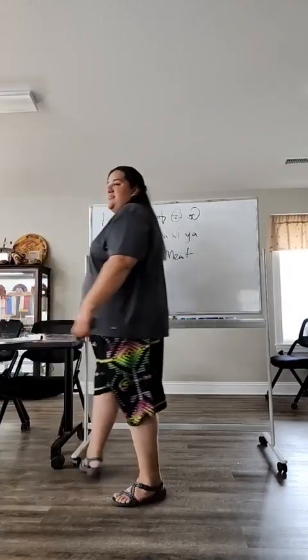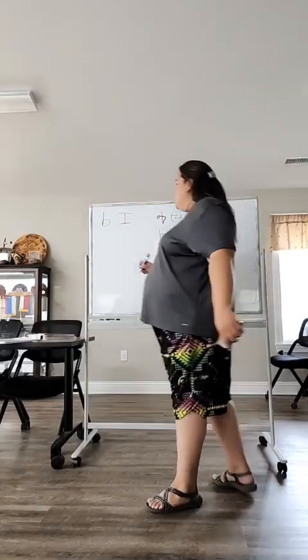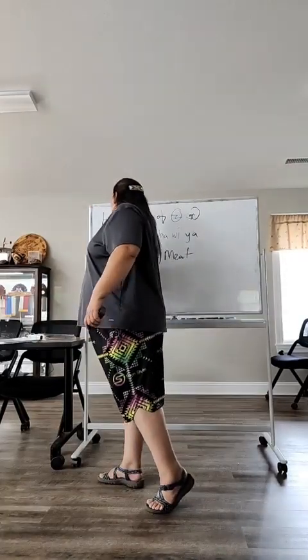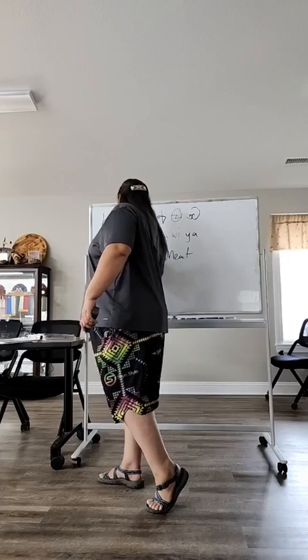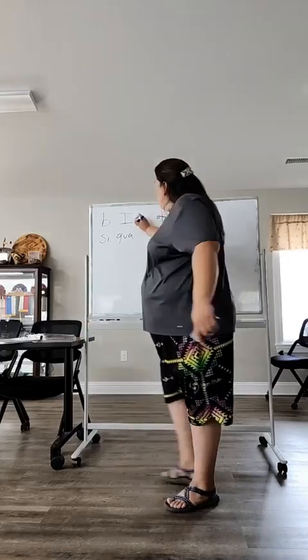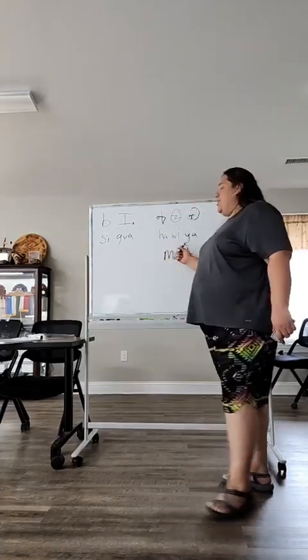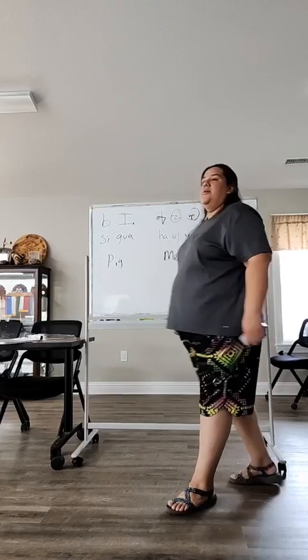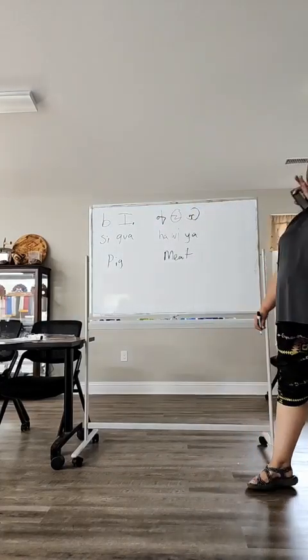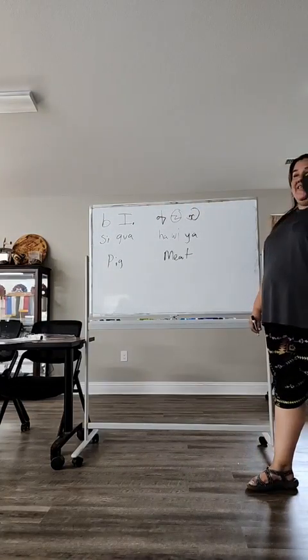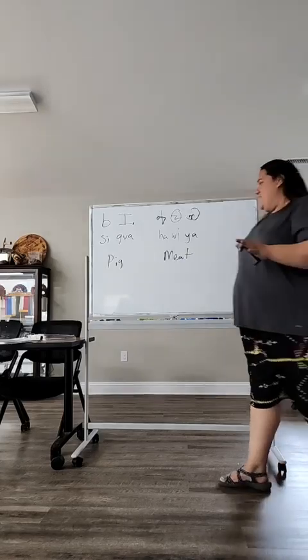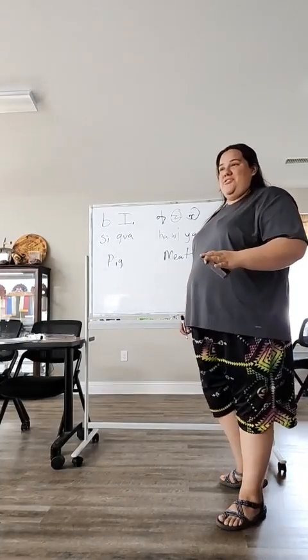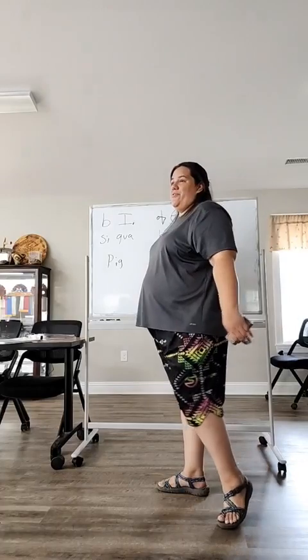You can take this, right? Shikwa. Shikwa hawiyah, right? Pig meat. Or any kind of pork. Now, to make it specific, if I want to say sausage, we're going to add another word.